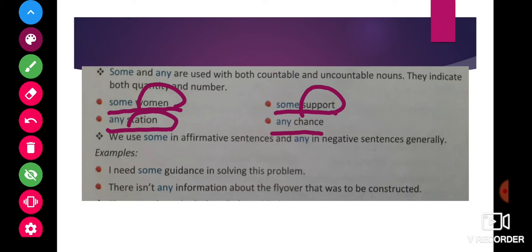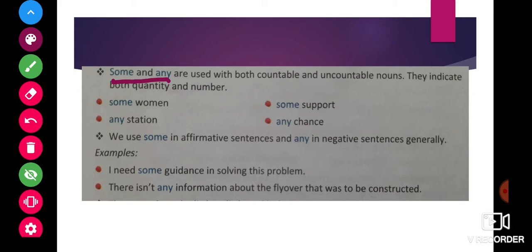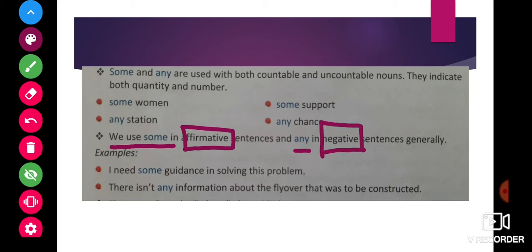Station is a countable noun and chance is an uncountable noun. So some and any are used with both countable as well as uncountable nouns. But there should be some difference between both of them. Let us see. We use some in affirmative sentences and any in negative sentences.